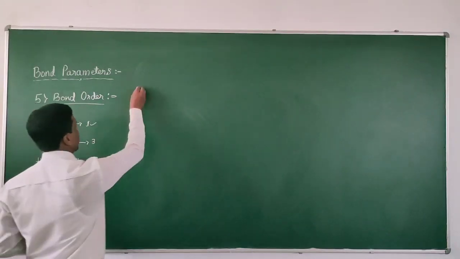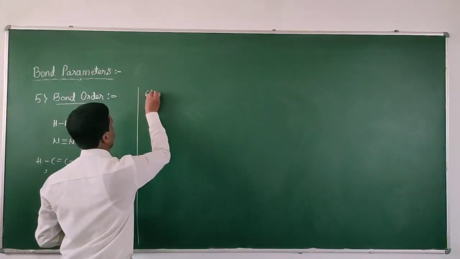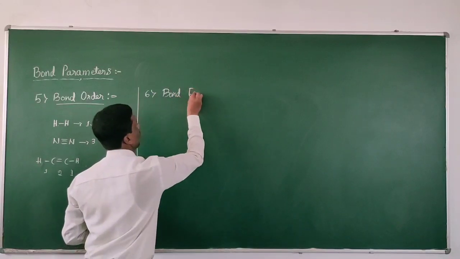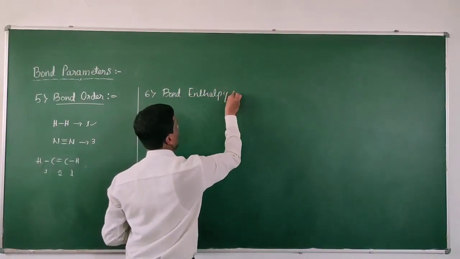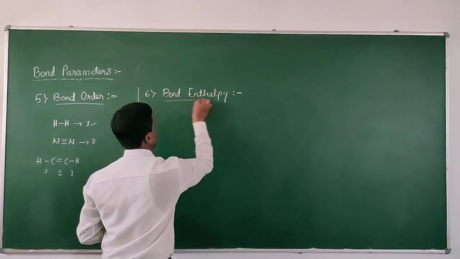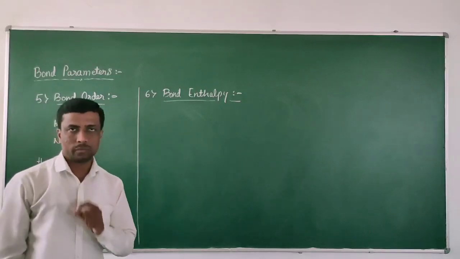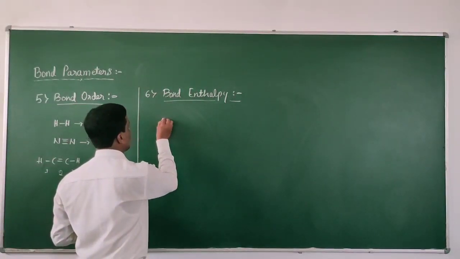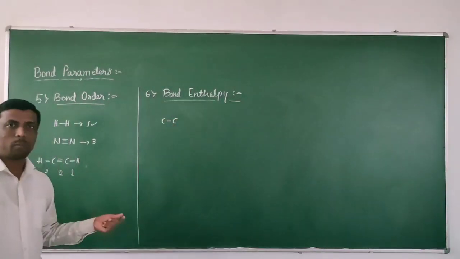Okay, next one and the last bond parameter, that is the sixth one: bond enthalpy, also called bond energy. Okay, see here. Consider a carbon-carbon single bond present in a molecule.